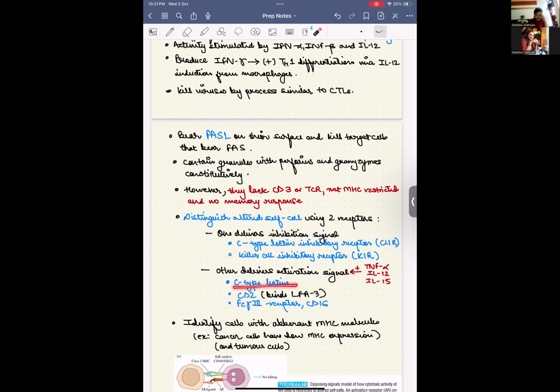So lectins are something that binds to the glycoproteins or the carbohydrate moieties on the surface of some pathogens, right? So maybe on the pathogens, or maybe some cells can express some glycoproteins on their surface if, say, there is an infestation of the pathogen intracellularly. Now, the activation signals are further stimulated by some cytokines.